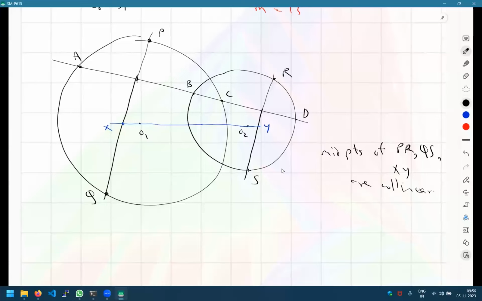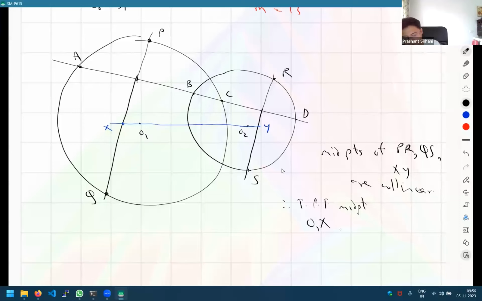So we have to prove that the midpoint of XY is equal to the midpoint of O1, O2. For that, we have to prove that O1X is equal to O2Y. If you prove that, we are done.